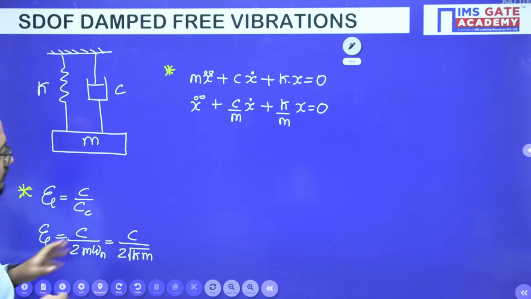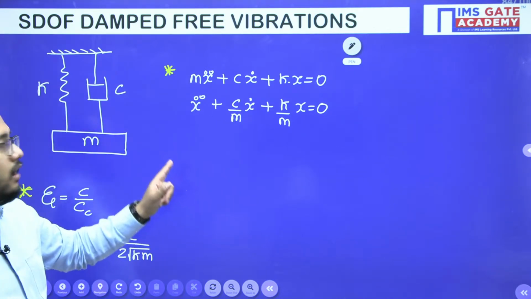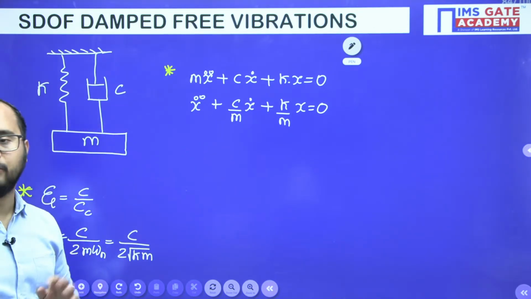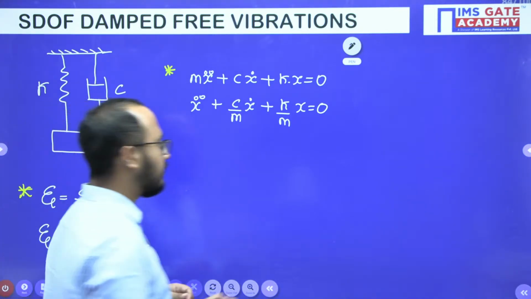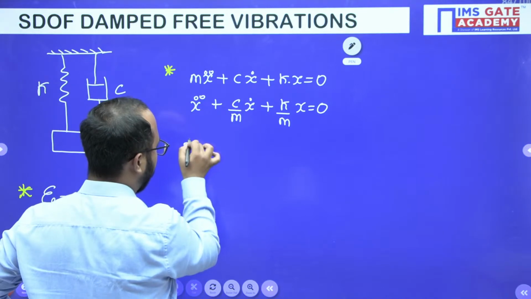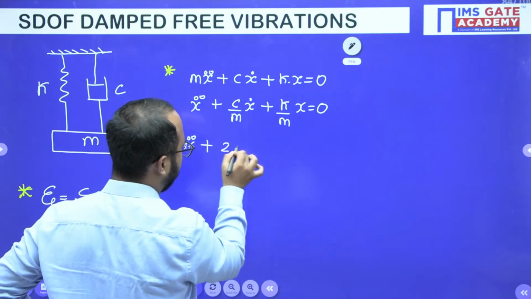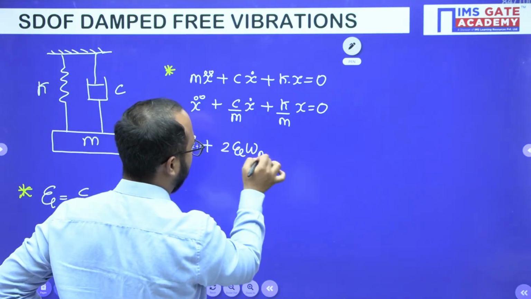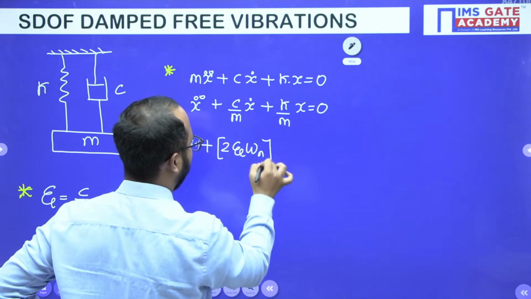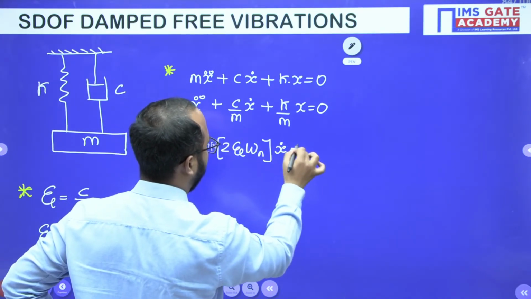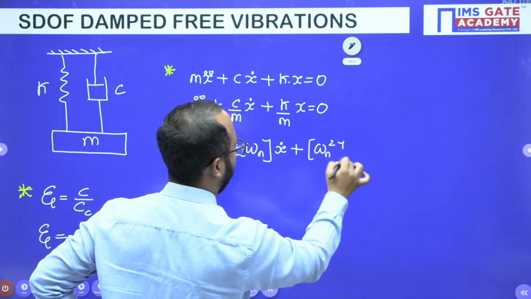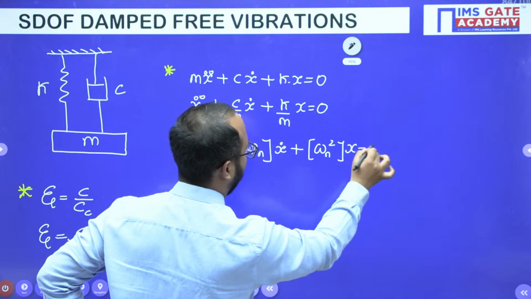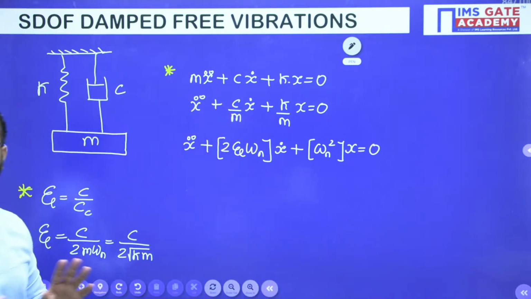Now, if this formula is clear, you should understand how we can write this equation in a definite format. Yes or no, guys? Please tell me fast. Clear? So now see how I can write this equation. You should remember this one also. This is the equation, right?